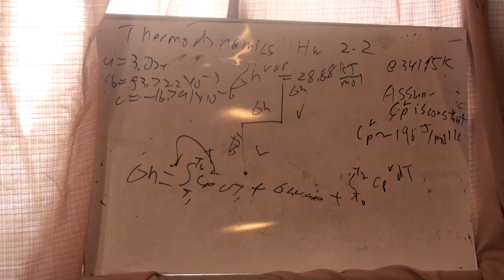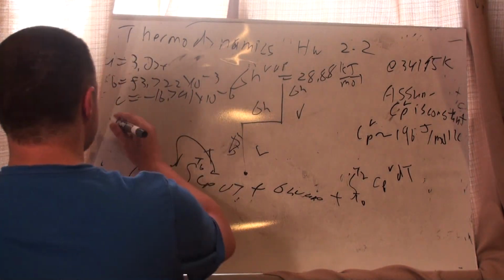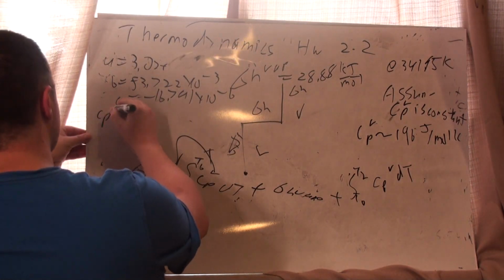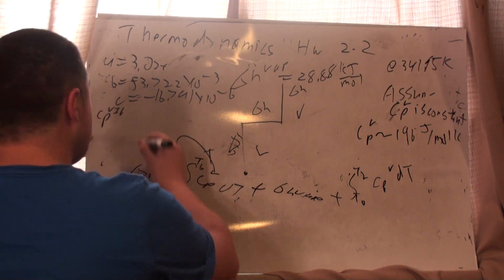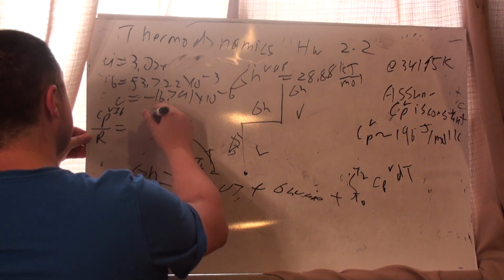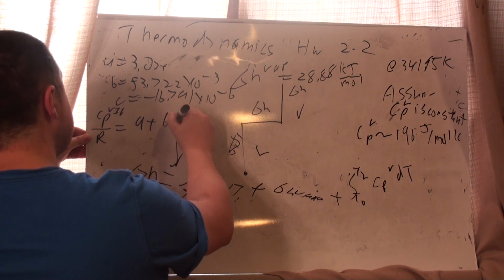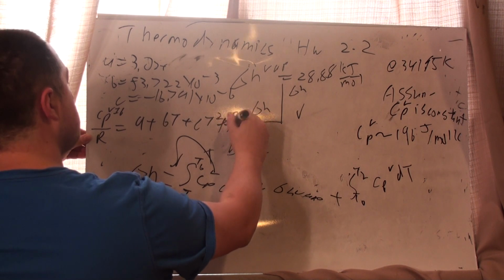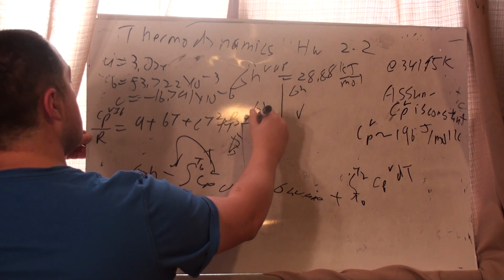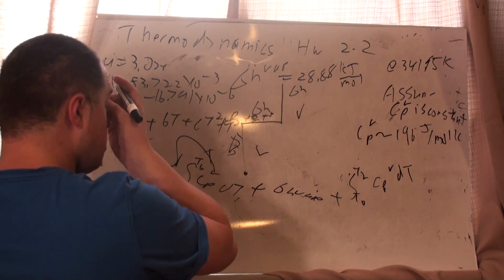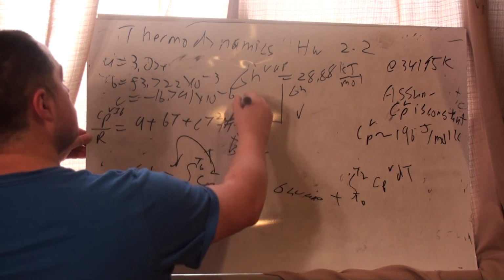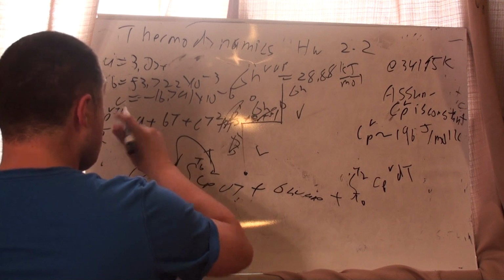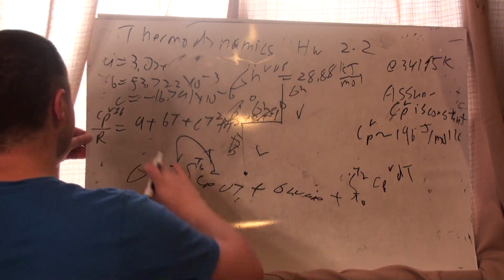So let's start boiling this thing down. Remember that Cp of an ideal gas over R is equal to A plus BT plus CT squared plus D over T squared plus E T cubed, something like that, but those last terms are 0, so we just have these, which is fine.